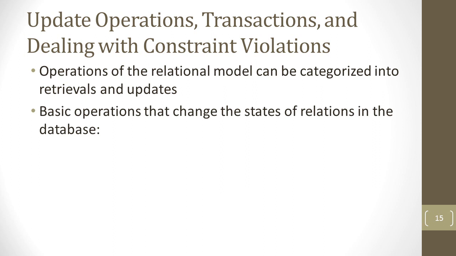The basic operations that are going to change the state of relations are insert, delete, and update or modify. Pretty much always going to call them updates because that's the SQL syntax. So insert, delete, and update map straight to the SQL that we're going to eventually start writing.